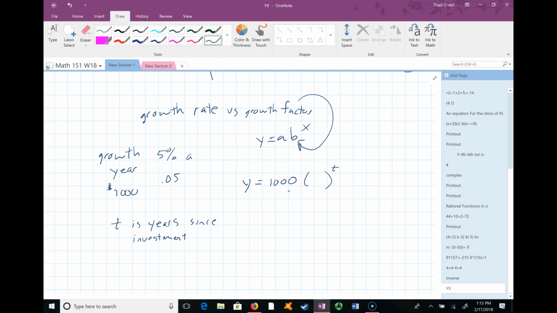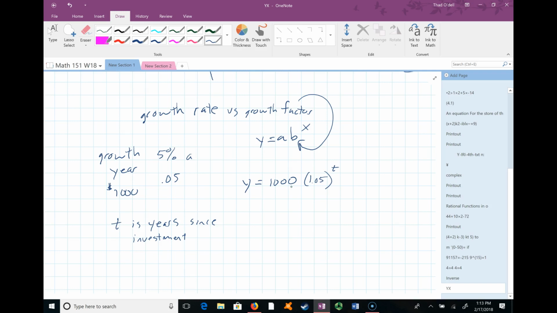So the way to do that is we just take 1, because 1 times 1,000 will give me what I have, and then we add to it 0.05. So in other words, I'm taking 105% of what I already have, which would give me the amount I already have plus the growth. So the way you convert between growth rate and growth factor is by adding a 1 to the decimal equivalent.